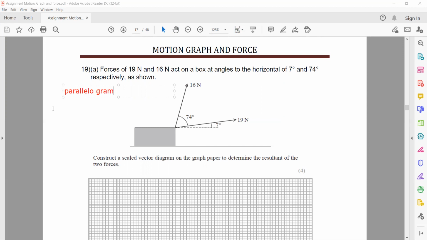if we use a parallelogram method, we should start both vectors from the same point and we need the angle between them.